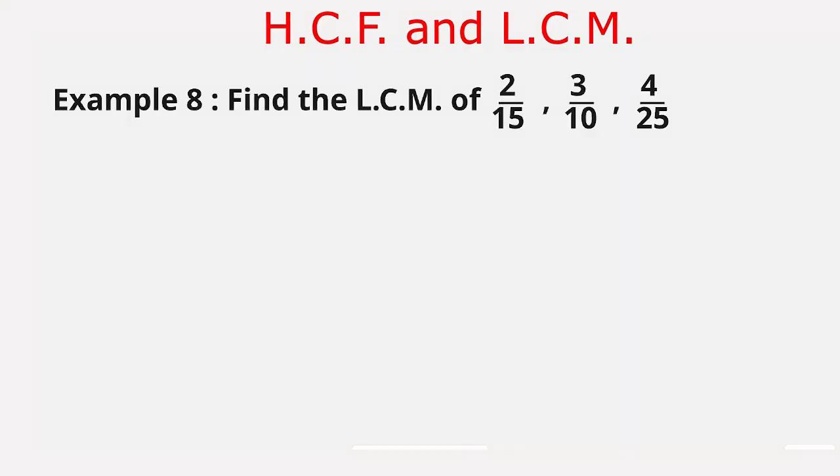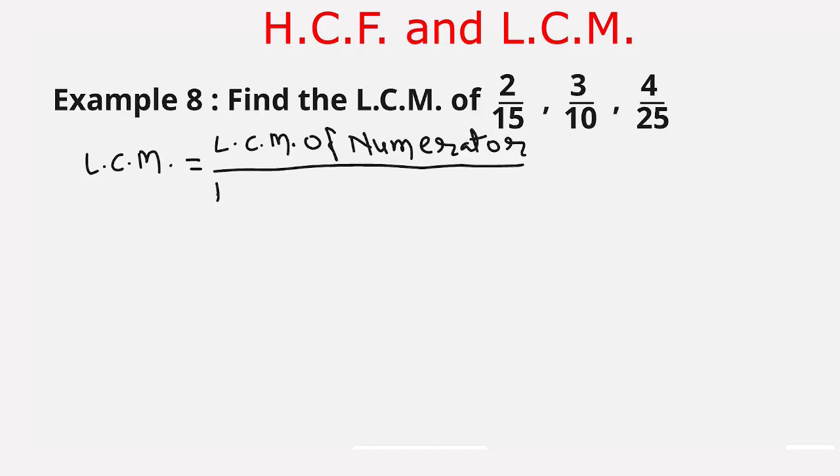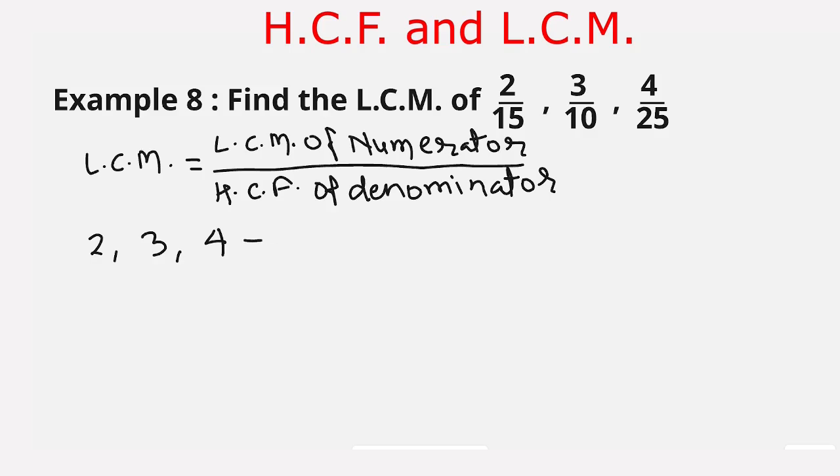The formula for LCM of fractional numbers is LCM equals LCM of numerators upon H.C.F. of denominators. So we have to find the LCM of 2, 3 and 4, and the LCM is 12, and the H.C.F. of 15, 10 and 25 is 5.